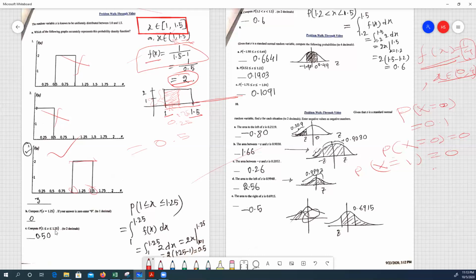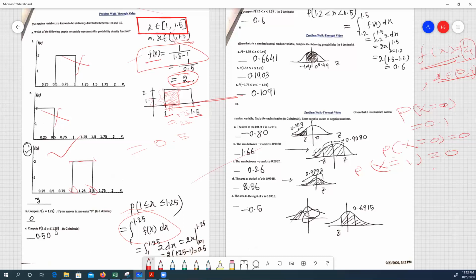You can simply calculate the area, or you can also use integration. For the discrete case, you use summation, and for the continuous case, the summation is actually the integration. If you have already taken the calculus course, you already know how to find the area for a continuous function. So you can integrate this function from 1 to 1.25.